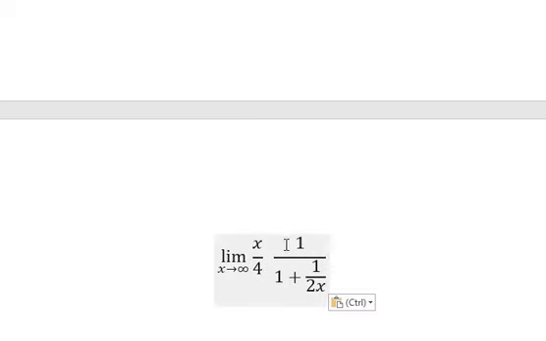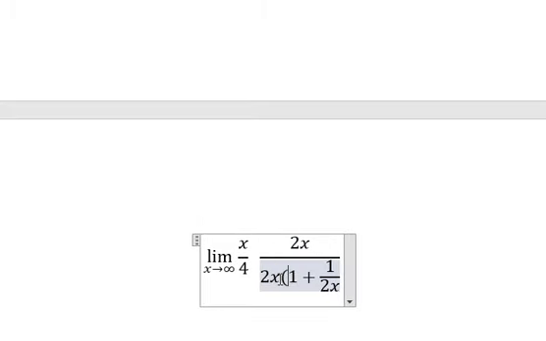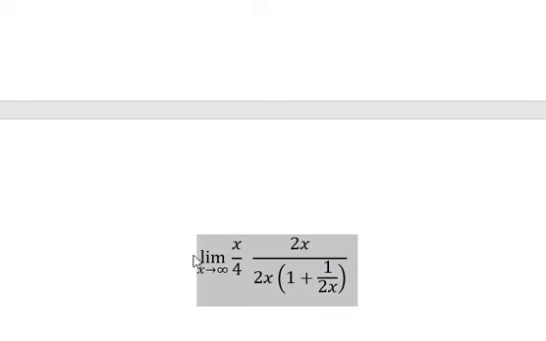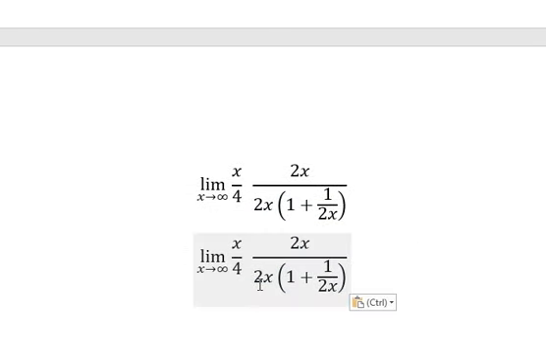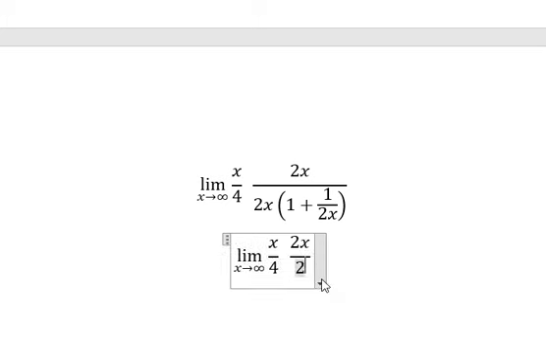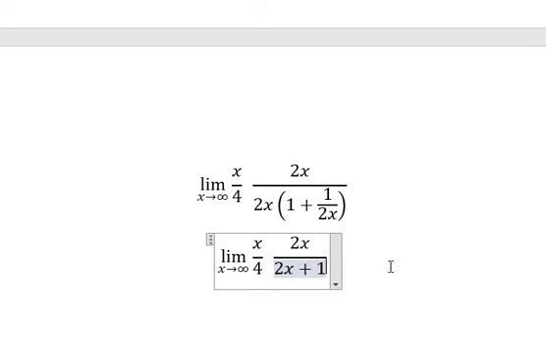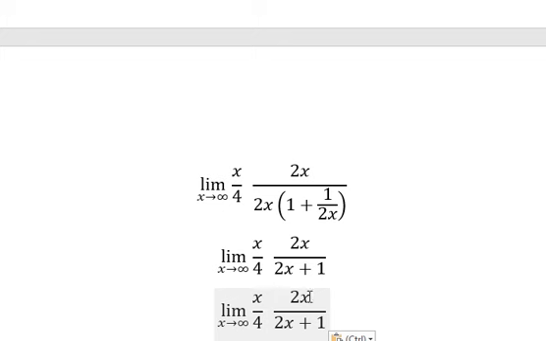Next, we need to multiply by 2s on numerator and denominator. And this one, we have 2s plus 1. So s will go in here.